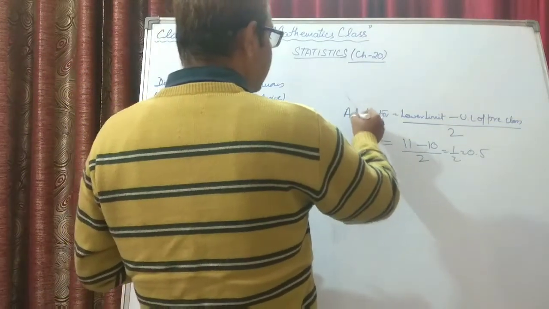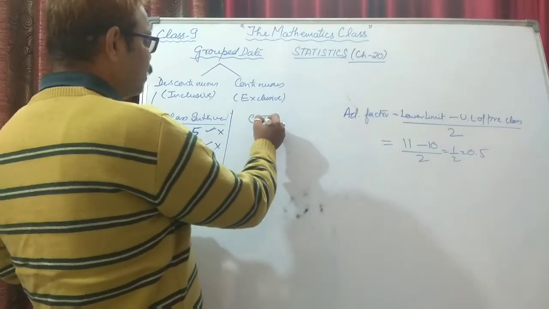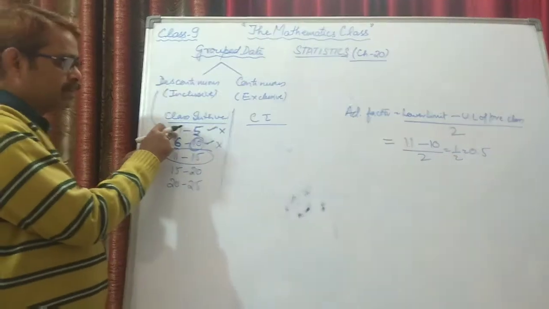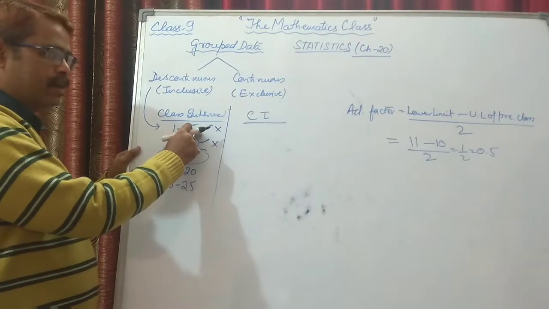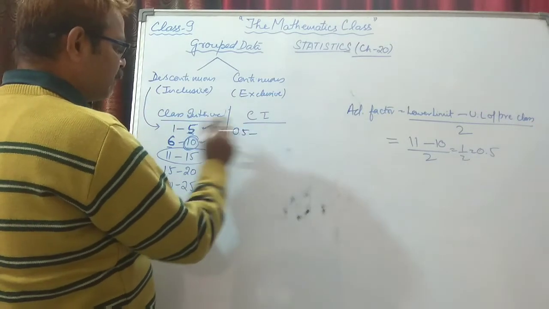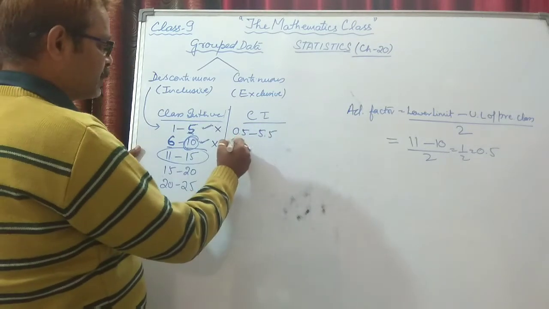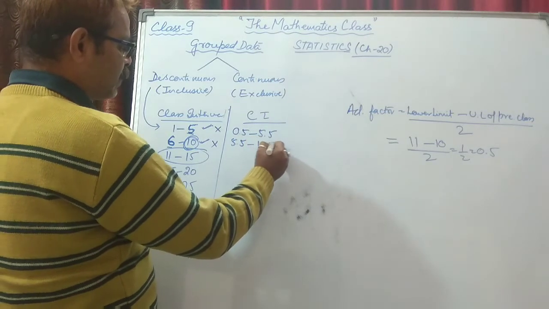This was the adjustment factor. Now to make it continuous, we subtract the adjustment factor from the lower limit and add the adjustment factor to the upper limit. So 1 minus 0.5 is 0.5 and 5 plus 0.5 is 5.5. 6 minus 0.5 is 5.5 and 10 plus 0.5 is 10.5.